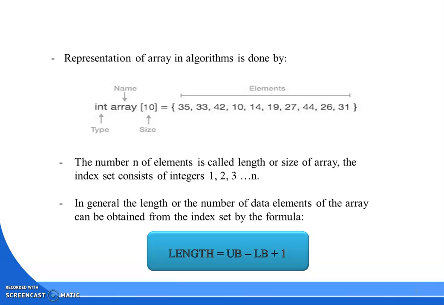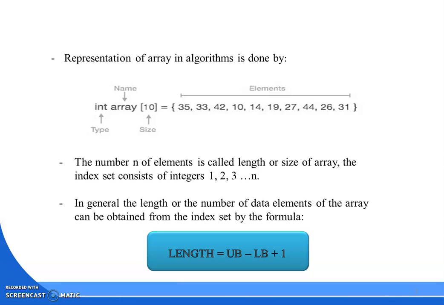The number of elements stored in the array is called the length or size of the array. The index set consists of integers from 1, 2, 3 and so on up to, for example, n number of elements. So the length or size of the array is calculated by a formula, that is length is equal to upper bound of the array minus lower bound of the array plus 1.